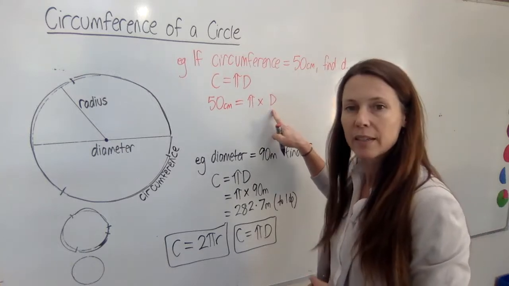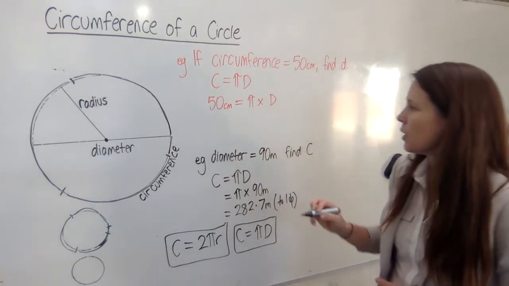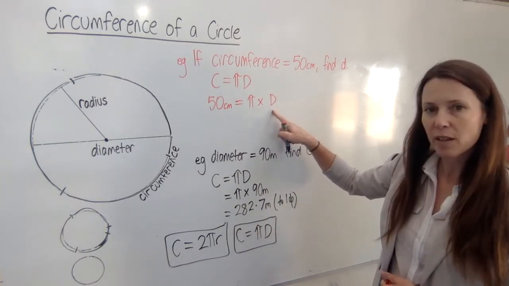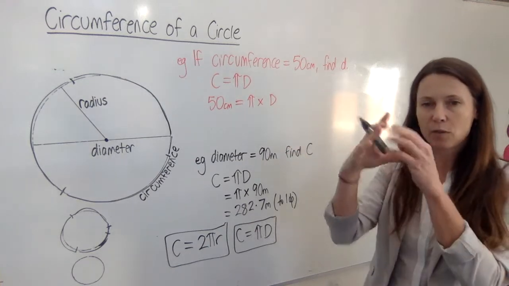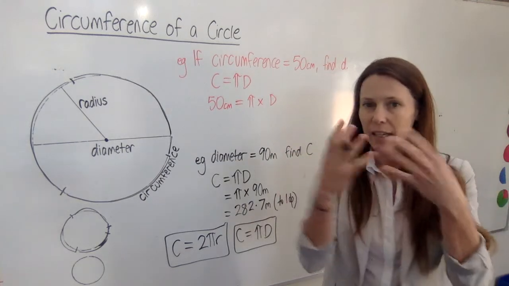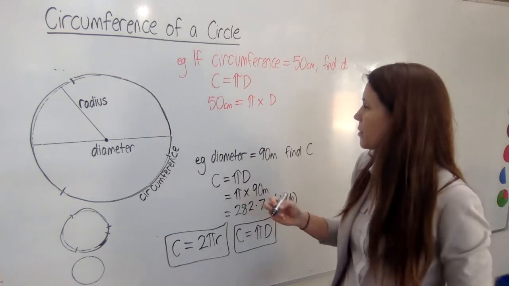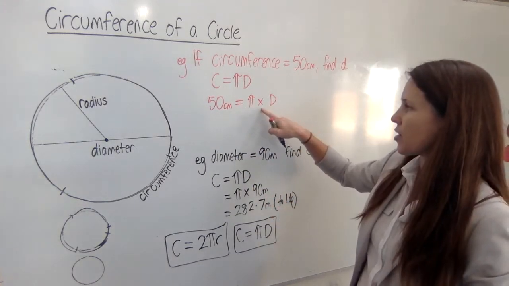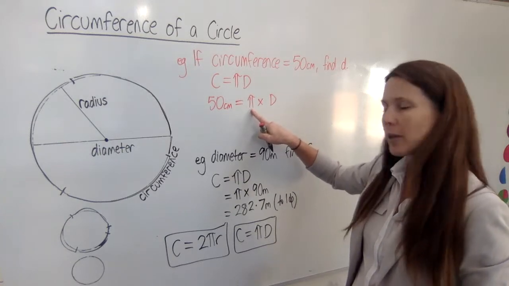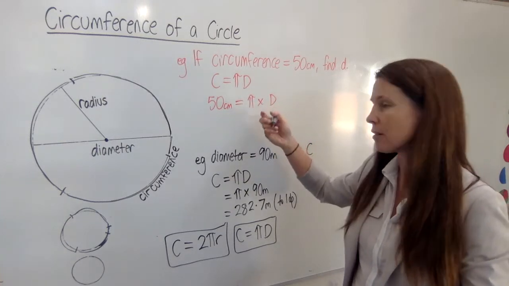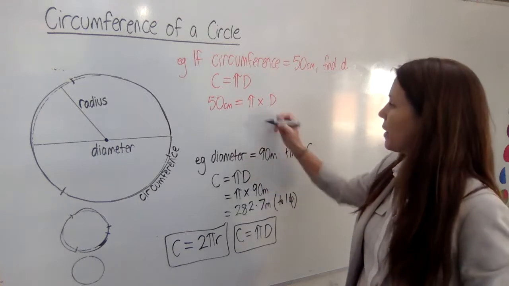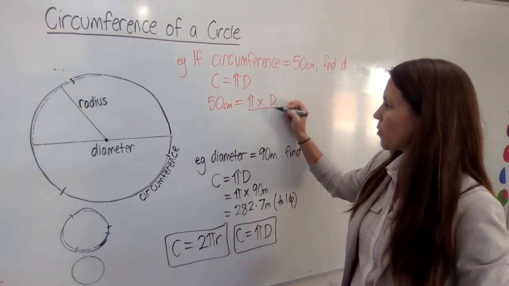Now we don't know what d is, so we need to work this out. Now we want to solve this equation so that d is left all by itself, so that we've got d equals, and then whatever is on the other side of the equation will be what d is. At the moment we've got d times pi. How do we undo times pi? We can divide by pi. Now there's no need to write another line, you can do it right here.